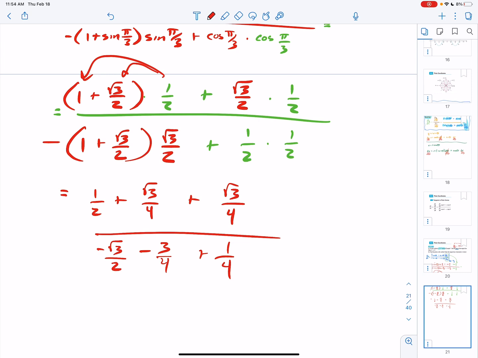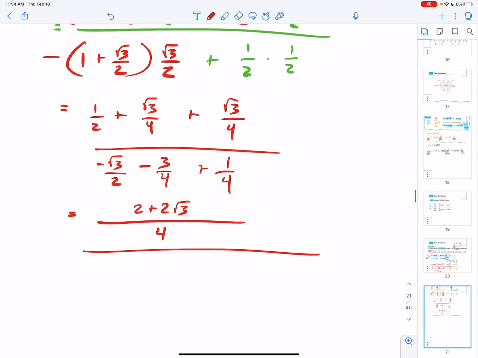Okay, up top, if I combine all that, that's going to be 2 plus 2 radical 3 over 4 all over negative 2 radical 3 minus 2 all over 4.